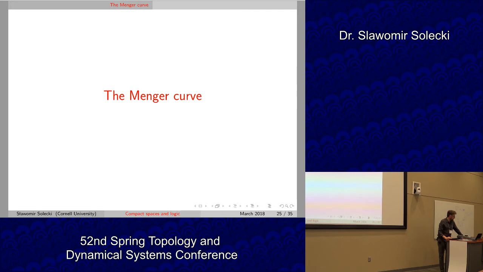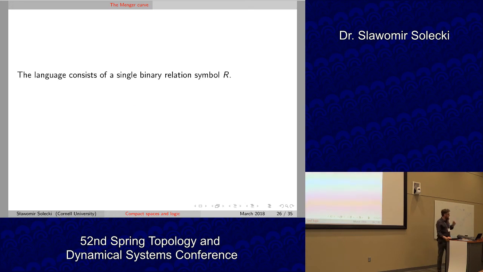Okay, so let me just illustrate how this method works on this concrete example of the Menger curve. So what do we do here? This is actually one of the simpler examples. You look at binary relations, so your language will just contain one relation, R. And then for each of these things, the pseudo-arc, the Menger curve, you have to craft a class.